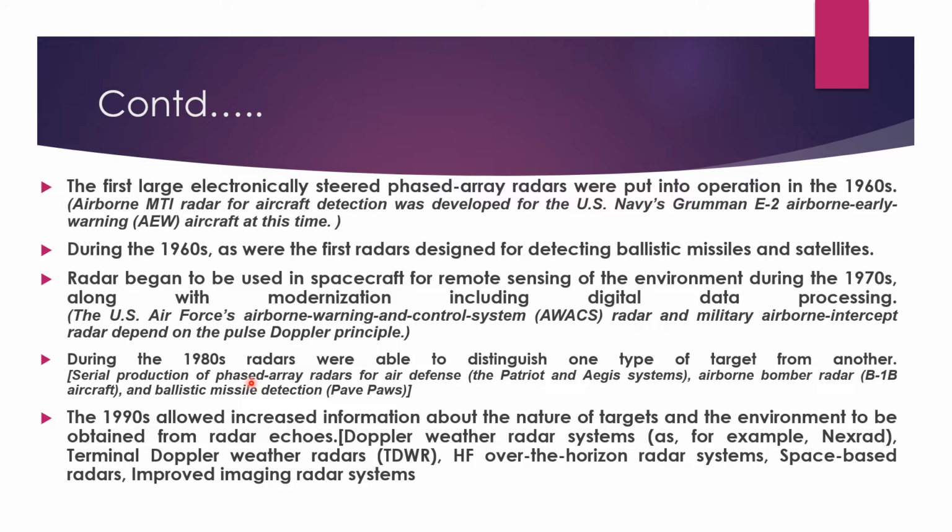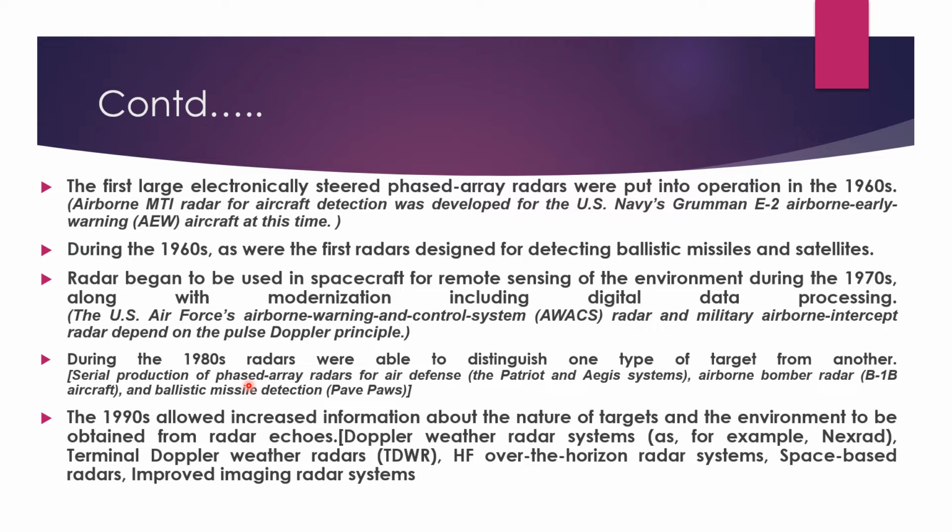Because if all the targets are moving and the target area is scanned by the radar, the radar is confused about which echo signal is coming from which target. So for solving such problems, phased array radars were used.